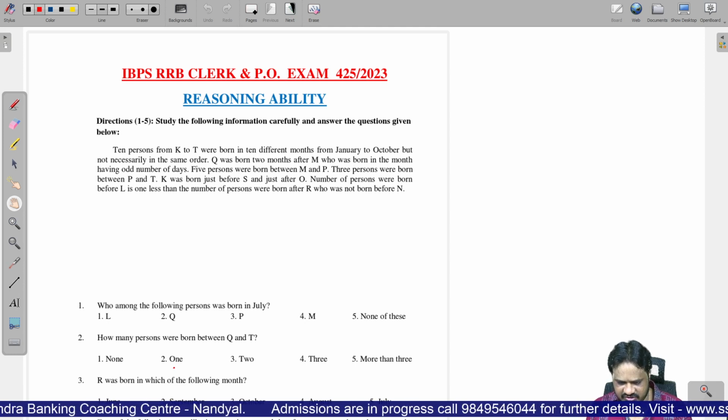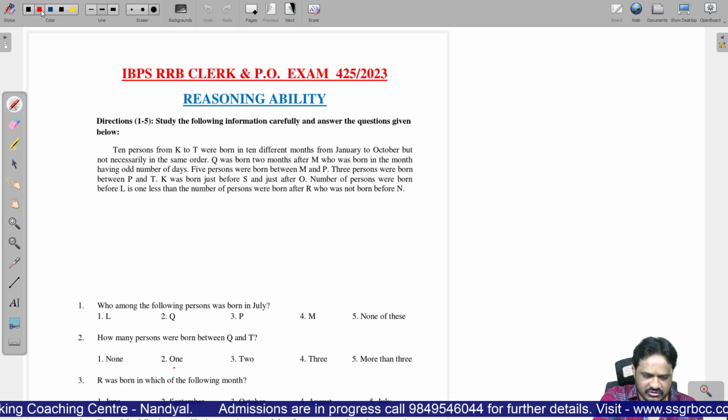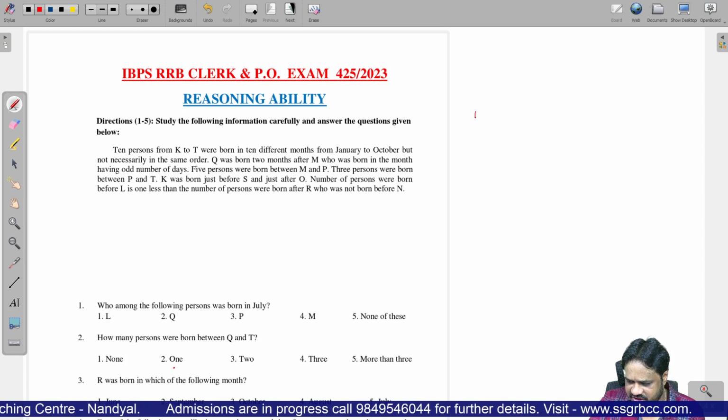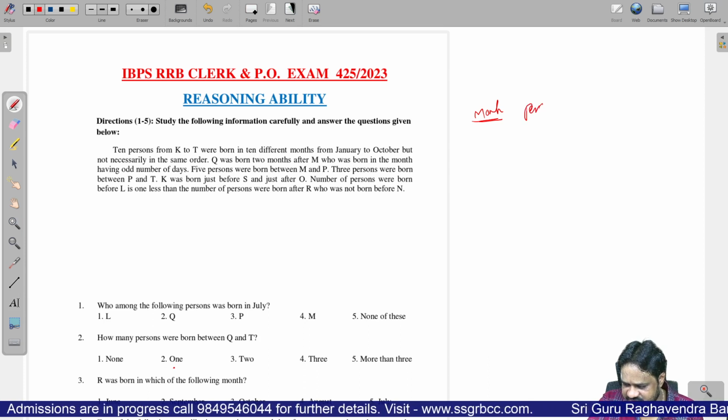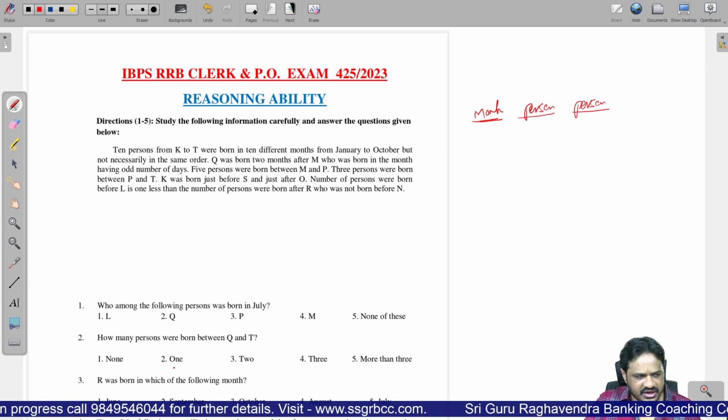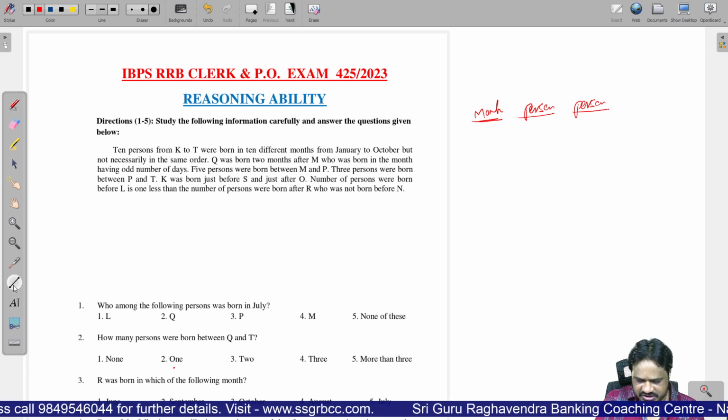See here, there are total 10 persons from January to October. So all of you draw a 3-column table. First one is the month, second one is the person, third one is also the person. So we are trying to do this one in two possibilities.